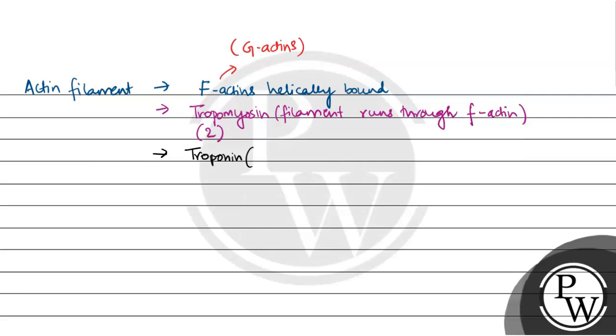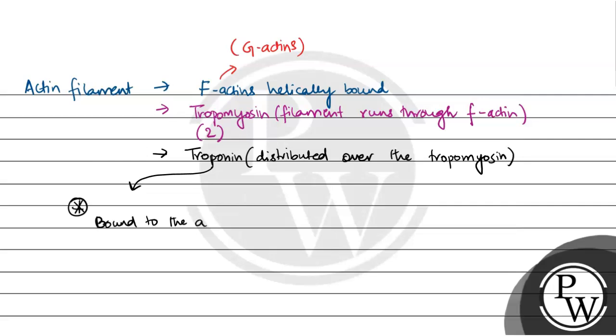These are distributed over the tropomyosin. ट्रोपोनिन होता है, इसका फंक्शन बहुत इंपॉर्टेंट होता है ड्यूरिंग मस्कुलर कॉन्ट्रैक्शन. ट्रोपोनिन बेसिकली is bound to the active sites of the actin filament, which prevents it from binding to the myosin heads.